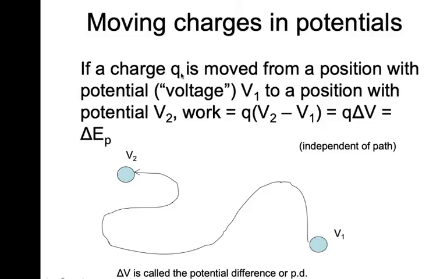So if some unknown charge Q is moved from a position with a potential, a potential difference between 2 points or a voltage of V1, to a position with V2, we're doing work.